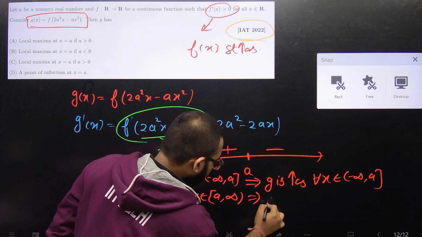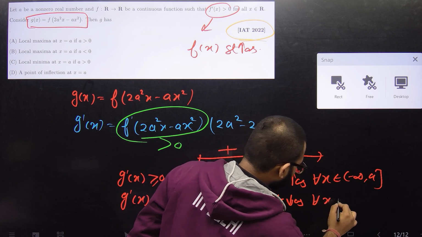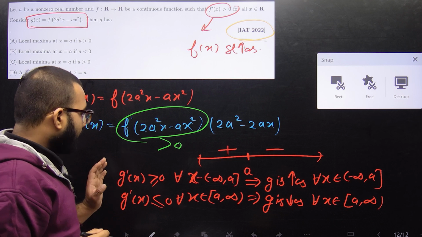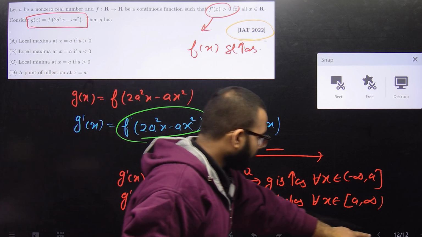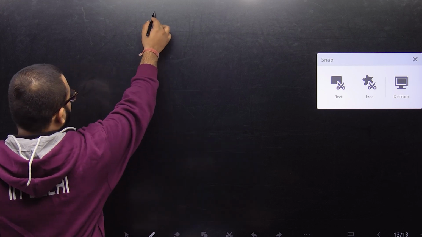So g is decreasing for all x belonging to a to infinity. Our function gx is increasing from minus infinity to a.